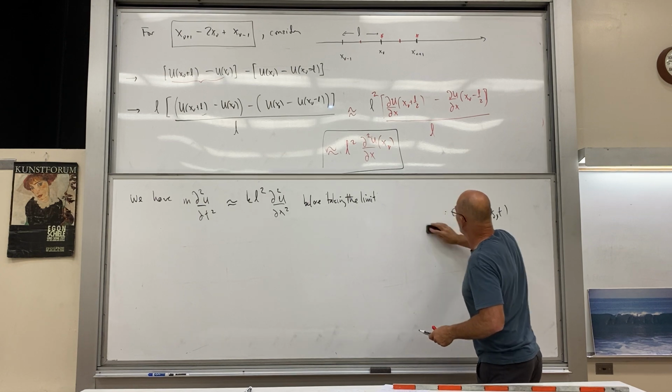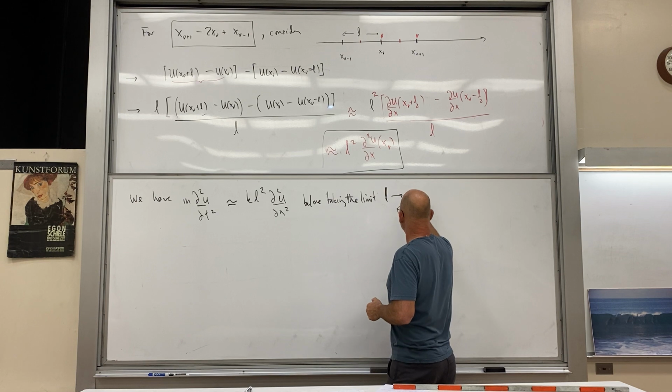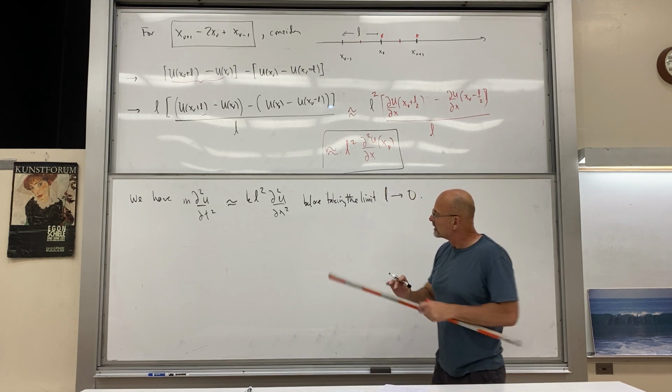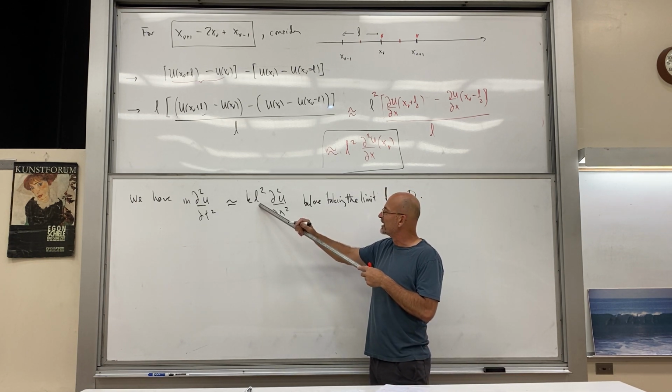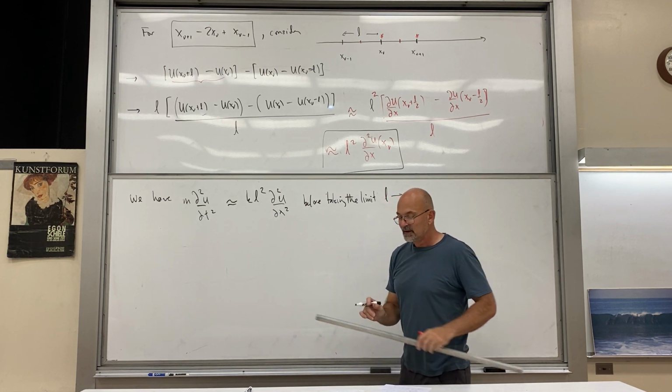So, taking the limit L goes to 0. But it doesn't look like we can take the limit L goes to 0 because that looks like it's just going to kill this here. Okay.